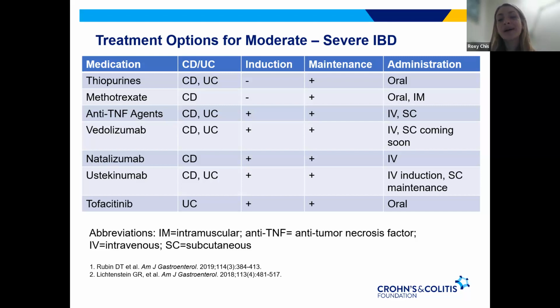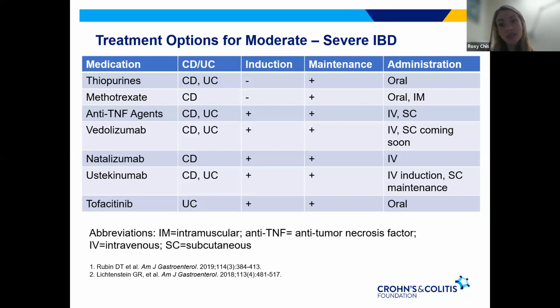I'm not going to go into any detail, but it allows us to pick a different first-line agent for patients with more severe disease, and if they fail one drug, we have other options to move on to.